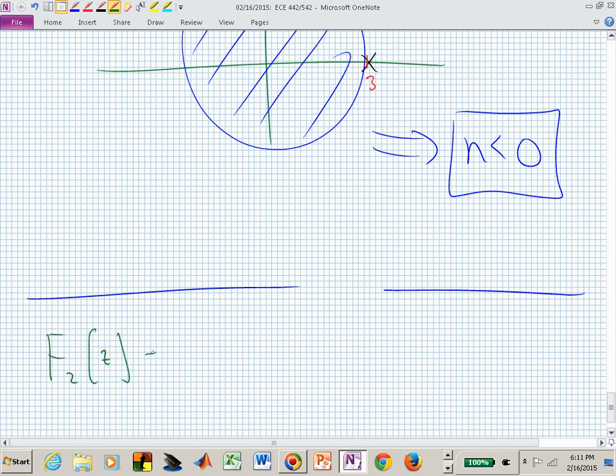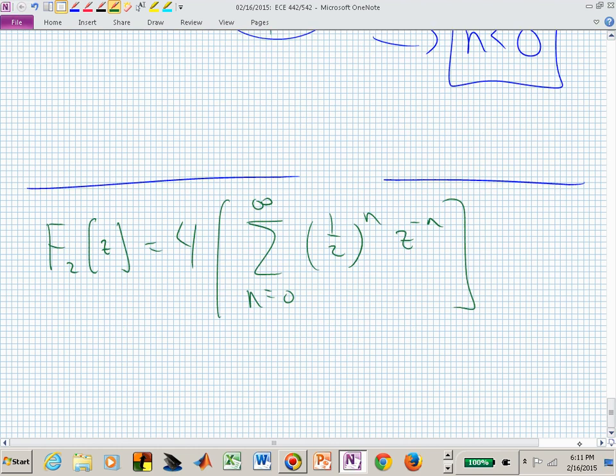Capital F sub 2 of z is this 4 times this sum, (1/2)^n z^(-n), n equals 0 to infinity. And when is that going to produce a valid sum?